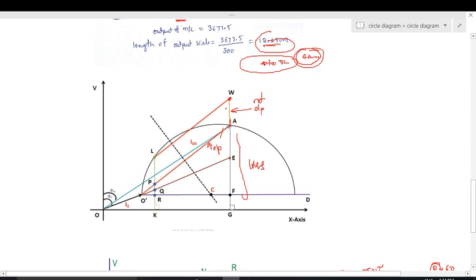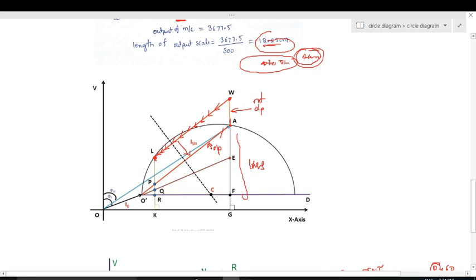We should extend it up to the point where it touches the semicircle. So we should locate point L. This is the final step, and according to this we can find any value.